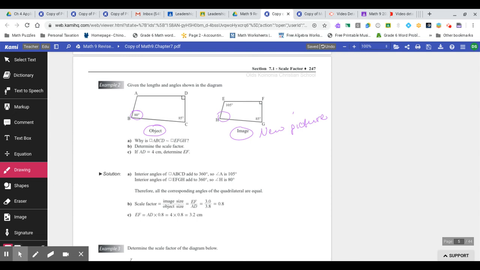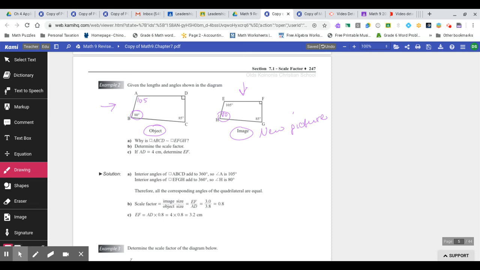If you were to add up in this object or the image over here, the 105, the 90, and the 85, and then you need to make that 360, you would decide that this was 80. And similarly on the first one over here, if you were to add up those angles, subtract from 360, you would find this to be 105. So that has to be true. For two objects to be similar, the corresponding angles have to be equal.